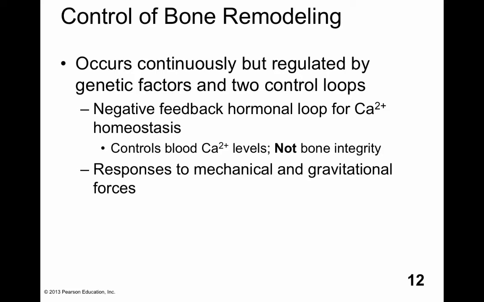Now, when we're talking about bone remodeling, it's not uniform. If you're looking at a femur, the distal parts get replaced every 5 to 6 months or so, and the shaft or the diaphysis is a little bit slower. So even in the bones, the different areas of the bone get remodeled at a different rate.